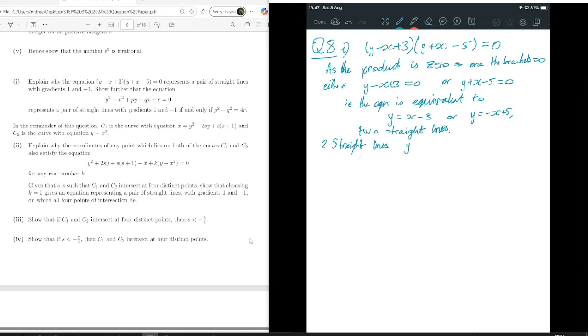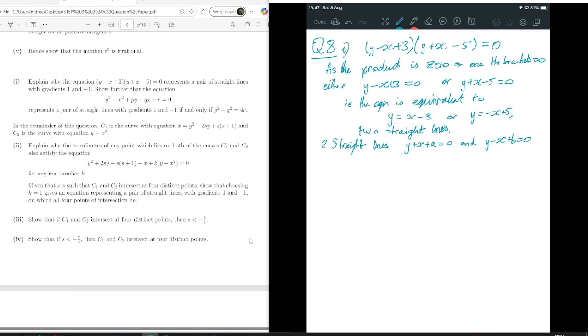Now how do I want to write it is the next thing. So I'm making various choices here. I'm just going to say y plus x plus a equals 0 and y minus x plus b equals 0.